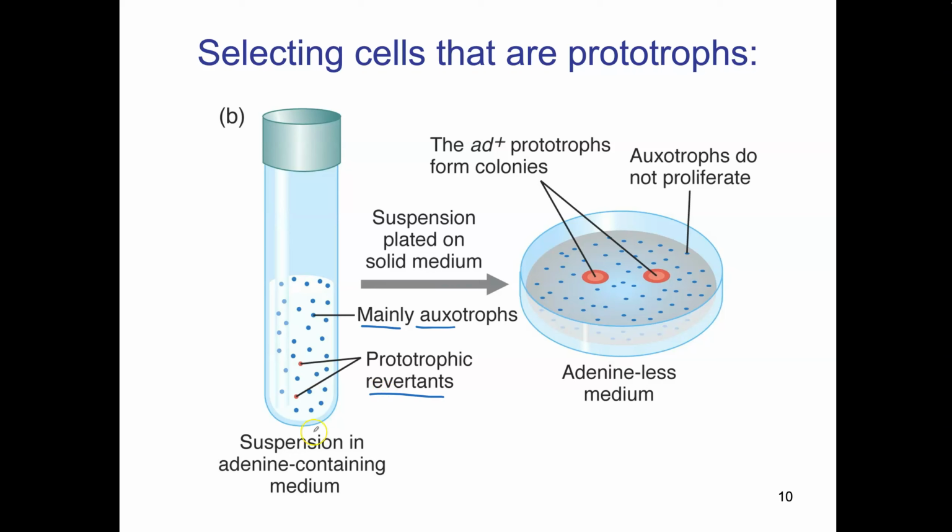And again, there's tons and tons of cells in here. We might have to plate 50 plates or something with lots and lots of bacteria on, but there will be these occasional revertant mutations, prototrophs, and if you grow them on media that doesn't have any adenine added to it, then you're going to only get those ones growing.